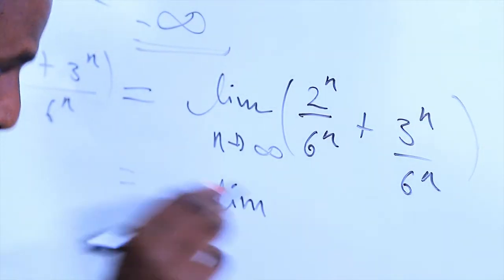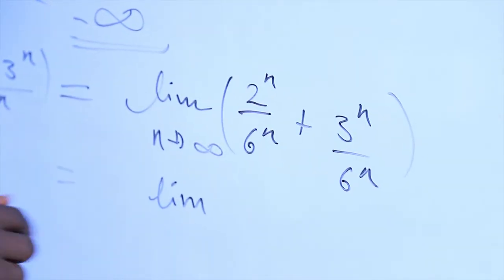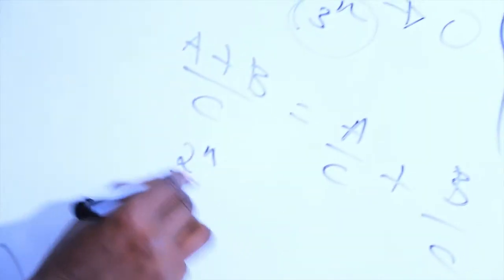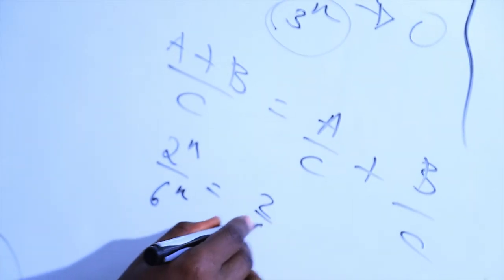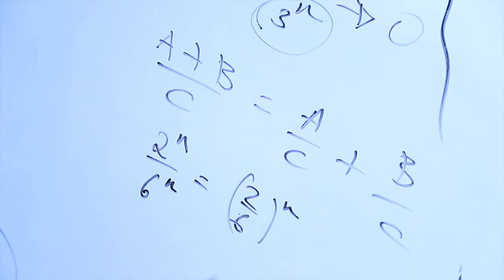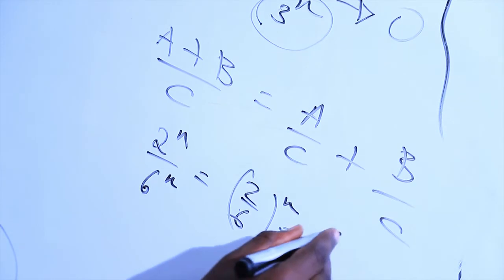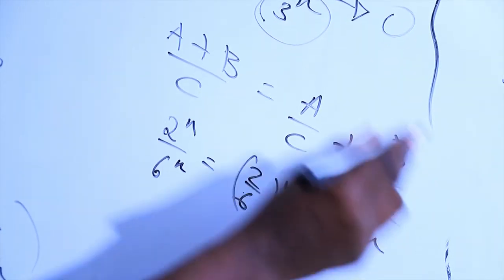The limit of the sequence 2 to the power of n over 6 to the power of n means simply 2 over 6 to the power of n, which simplifies to 1 over 3 to the power of n.